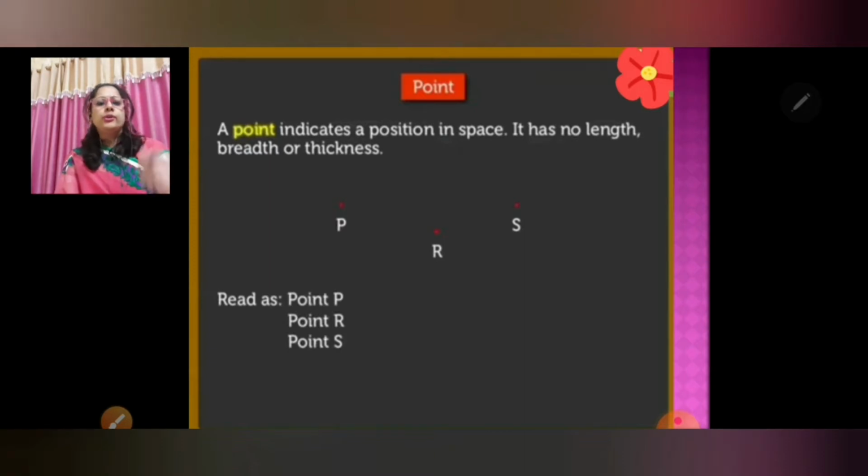On your screen you can see 3 dots. These 3 dots, dot P, dot R and dot S, are called points, and they are read as point P, point R and point S. Points are named with capital letters, like in this case, where they are written as capital letters P, R, S. So whenever we are naming points, we always use capital letters.